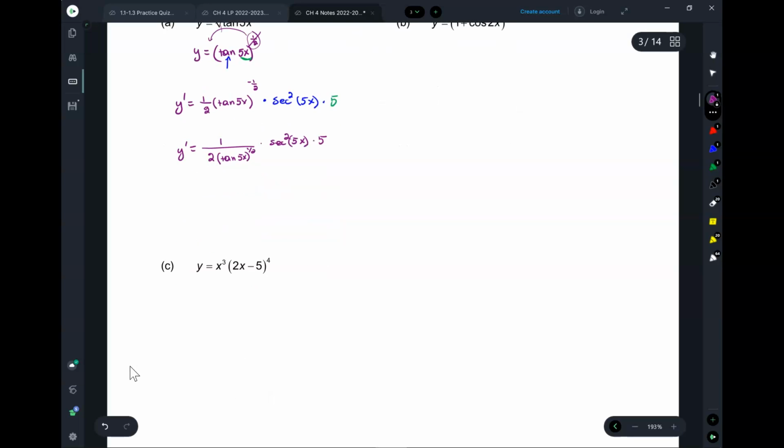But I can condense that even further, because I could just condense all of them into one fraction. So in the numerator, I've got 5 secant squared 5x, over 2. What's to the power of 1/2? It's a root, the square root of tangent 5x. Okay?